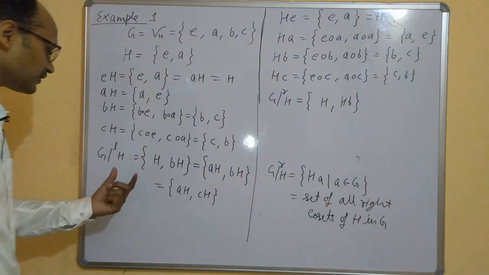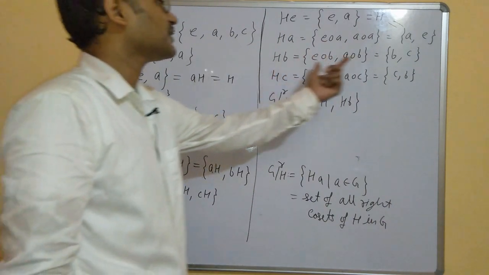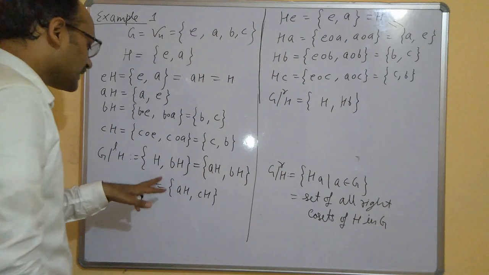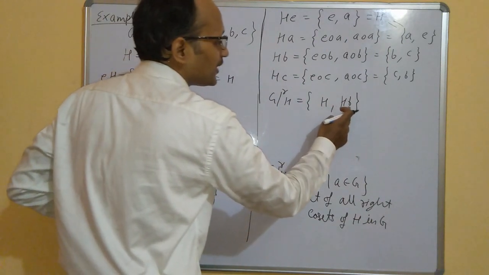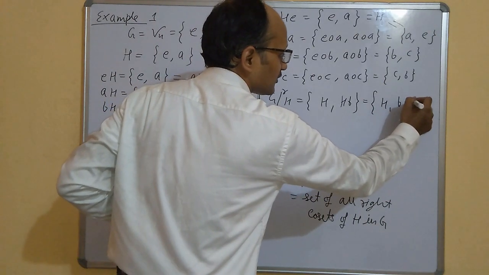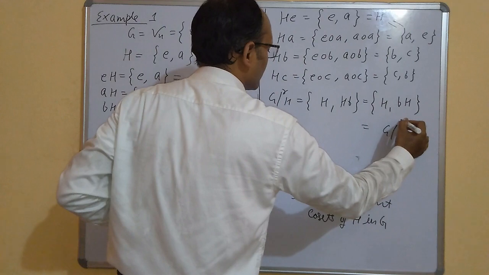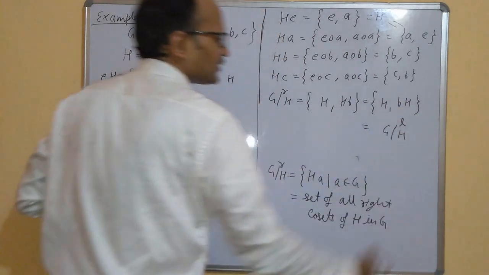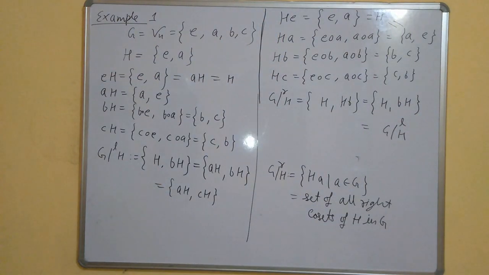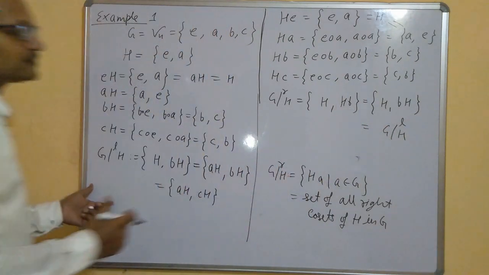Now here one thing you can further see is that bH, that is bc, and Hb is also bc. So as I said, in place of bH you can also write Hb. So it is the same as the set of all left cosets of H. So it may happen that for some groups they are equal.